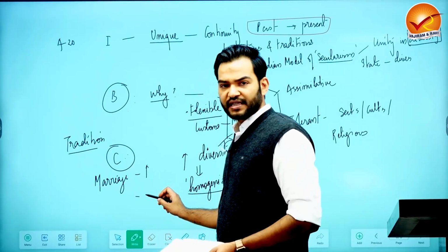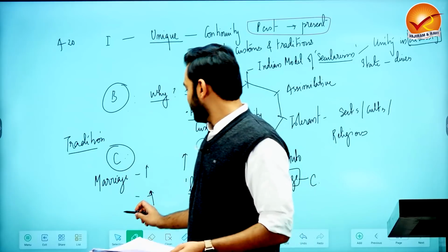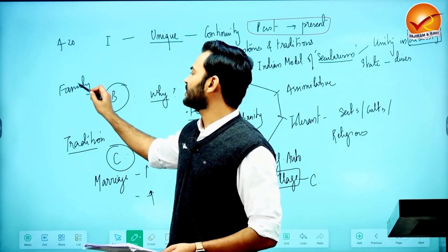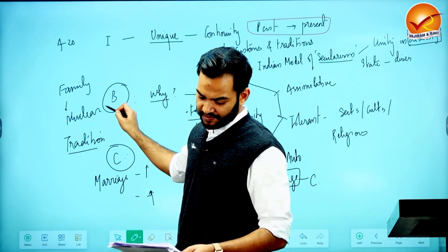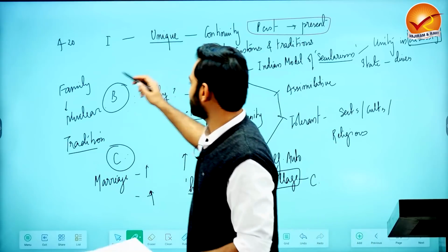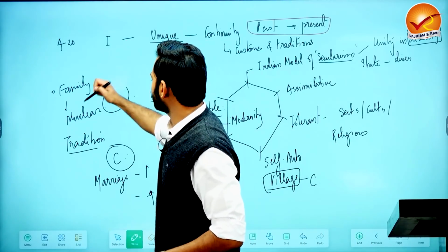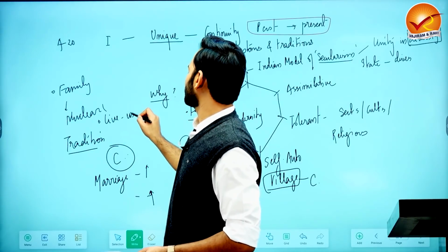There are growing incidences of intercaste marriages. Then in the case of family system, there is increased nuclearization of families happening in India. Then family system is now being replaced by live-in relationships.